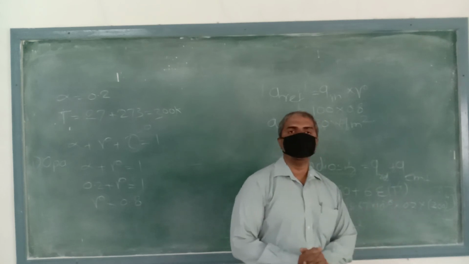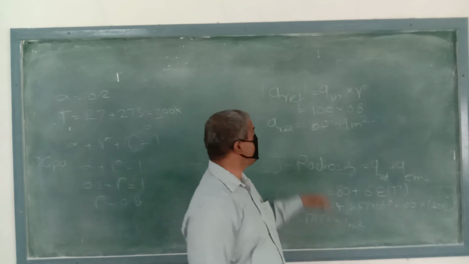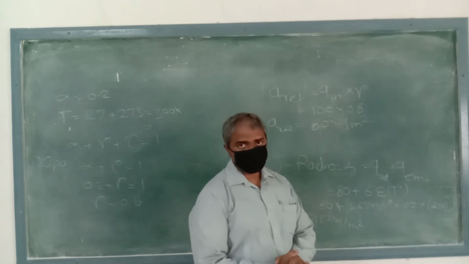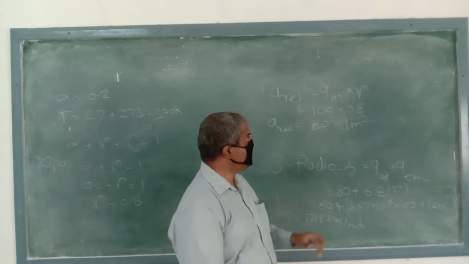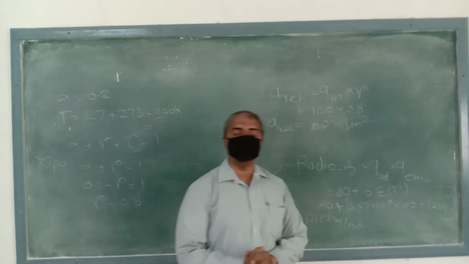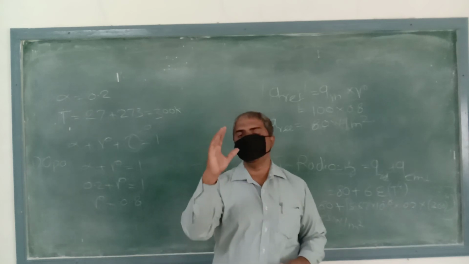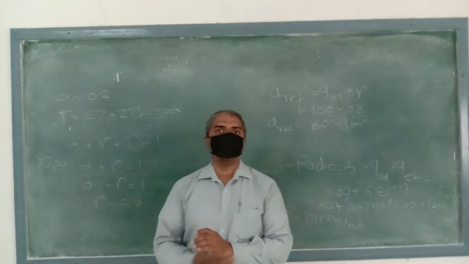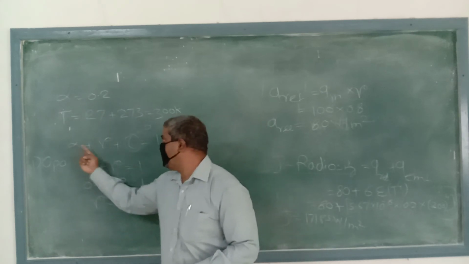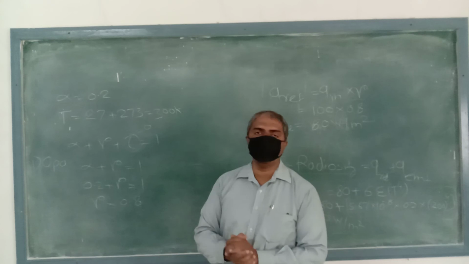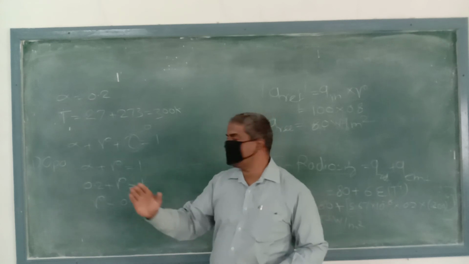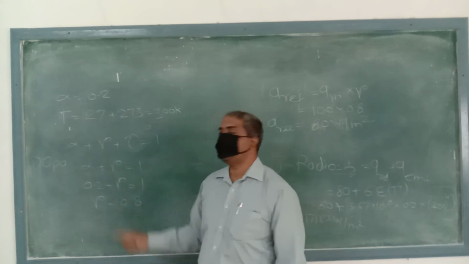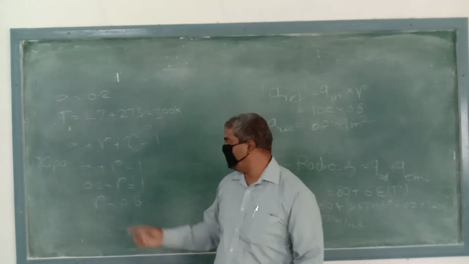But for calculating the Q reflected, we know that Q reflected is equal to Q in into gamma. But in this problem they have not given the gamma, they are just mentioning the opaque surface, okay, and they have given the value of alpha, and we have the relation alpha plus gamma plus tau equal to 1, and for an opaque surface we know that tau is equal to 0 and the equation modifies to alpha plus gamma is equal to 1.